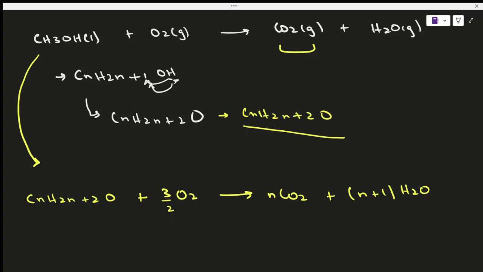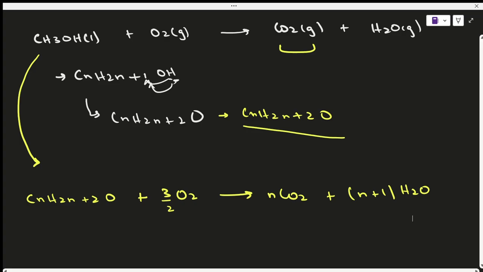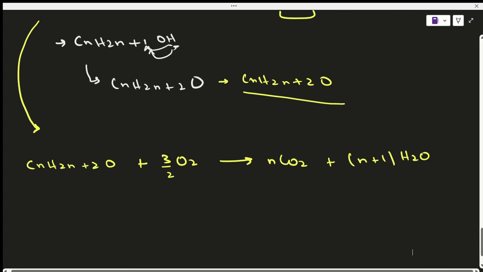I know this looks a bit complex, but trust me, it's going to make balancing these equations a lot easier. It's going to be a bit time-consuming, but once you practice this enough, it's going to be very quick. This is the general equation that we are going to be using for balancing.